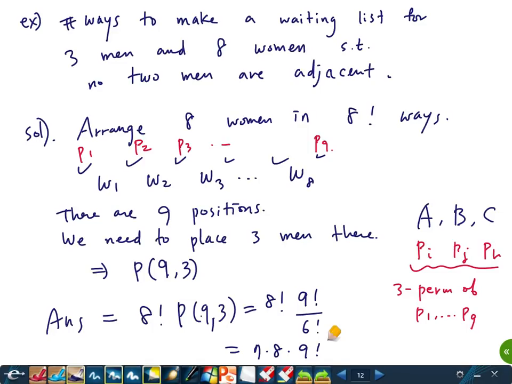All right. Okay, then I'm going to define another object, also very common, like permutation.